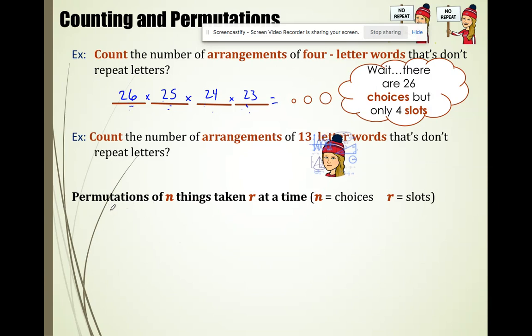Here is permutations, the arrangements of n things, so think choices, taken r at a time, where I have so many choices to go into these slots.